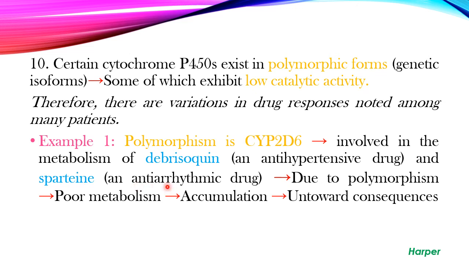So normally, these two drugs are metabolized by CYP2D6. But if a person is having polymorphism in CYP2D6, and if the same person is going to be administered these two drugs, then due to polymorphism in CYP2D6, there will be poor metabolism of these drugs in that person. There will be accumulation of these drugs, and as a result, consequences which are not desired will be produced.